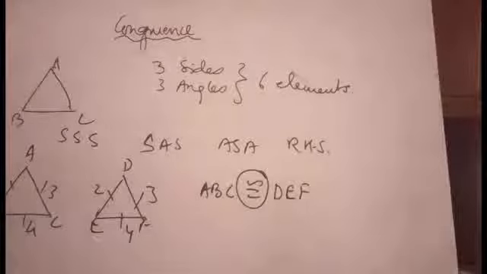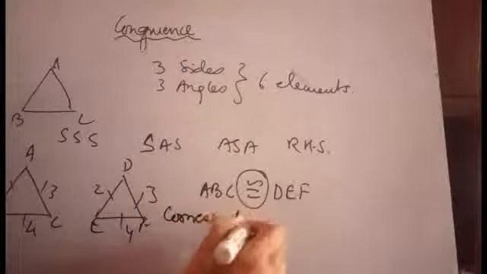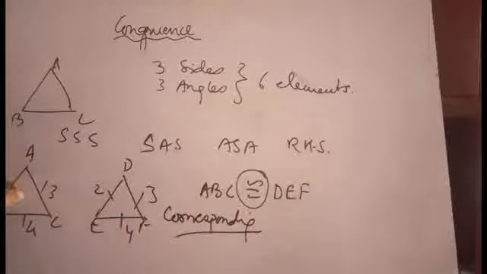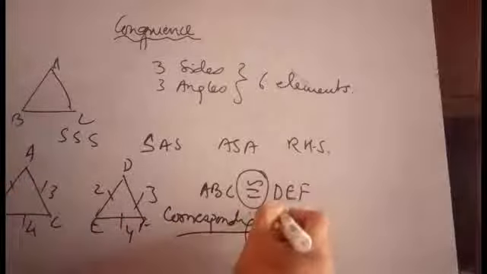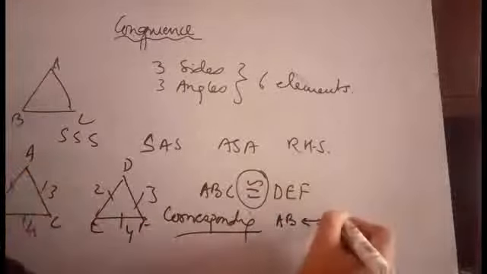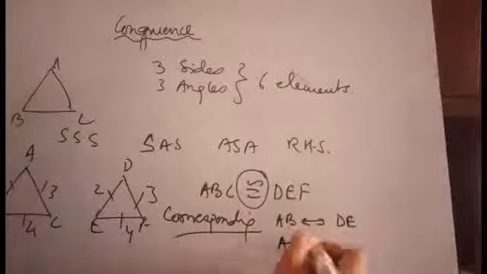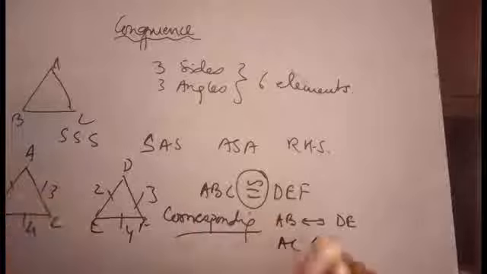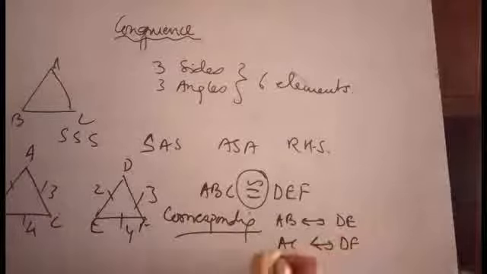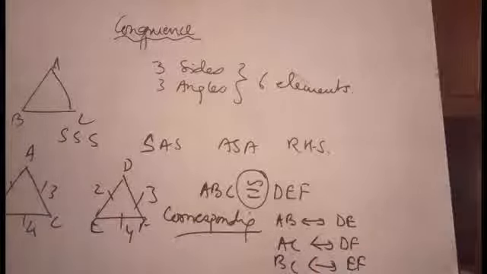Now, after writing congruency, how do we write the corresponding parts which are equal? Here the 3 sides are equal to the 3 sides. So writing the corresponding parts means which side is equal to which side. So AB corresponds to DE over here, AC corresponds to DF and BC corresponds to EF. This is how we write the corresponding parts.